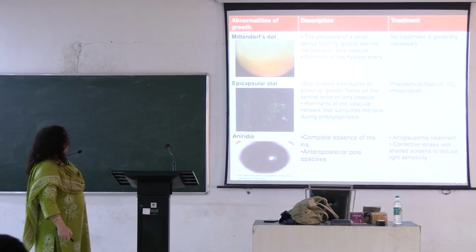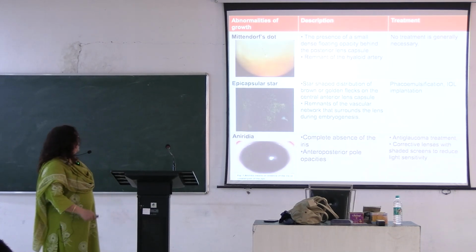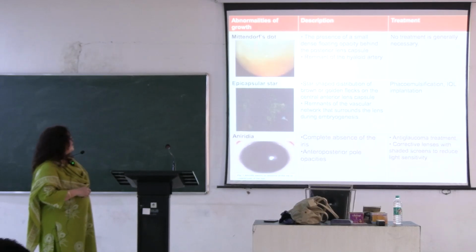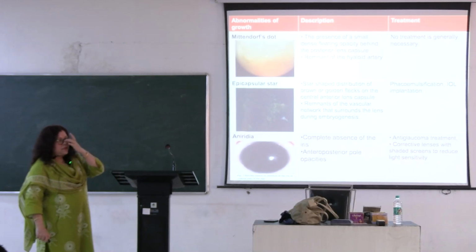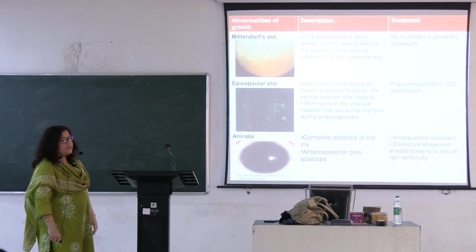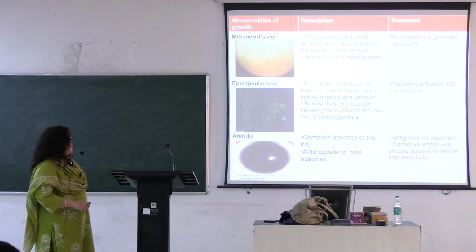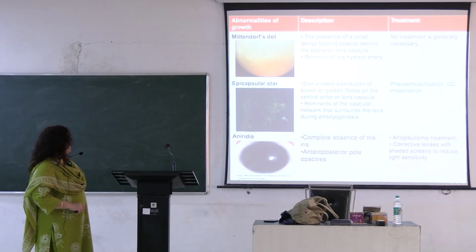Then Mittendorf dot. Sometimes a small dense floating opacity is present on the posterior lens capsule, with small floating white colored tissue, which is the remnant of the hyaloid artery, and no treatment is required for this condition.